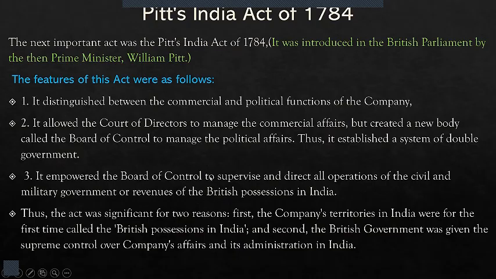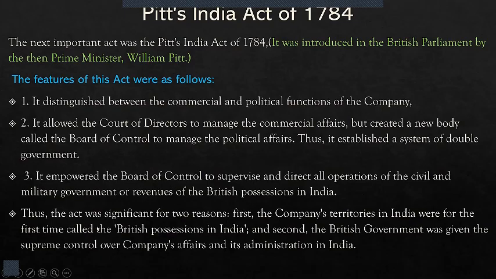Like everything will be handled by the Board of Control, all the operations of civil and military government or revenues of the British possessions in India. So the Board of Control will supervise all these things.